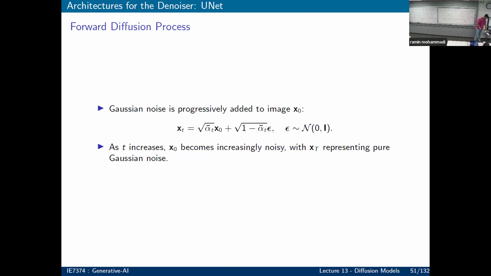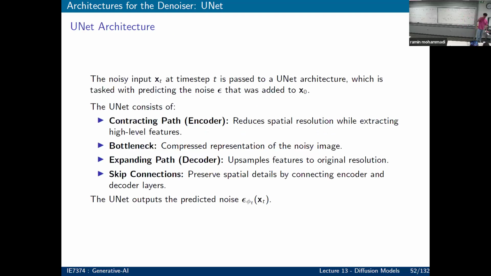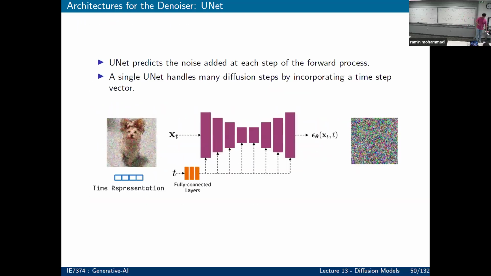As we have talked about, in the forward process, as you add noise, the image becomes worse and worse. Now we want to talk about what happens in this U-Net.